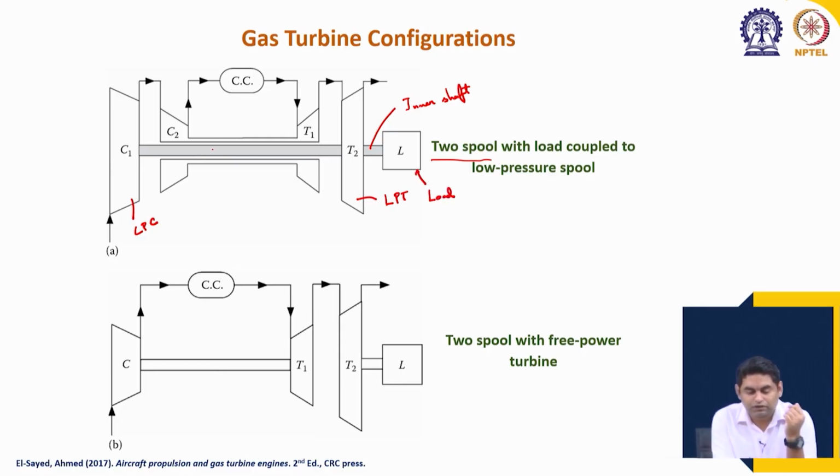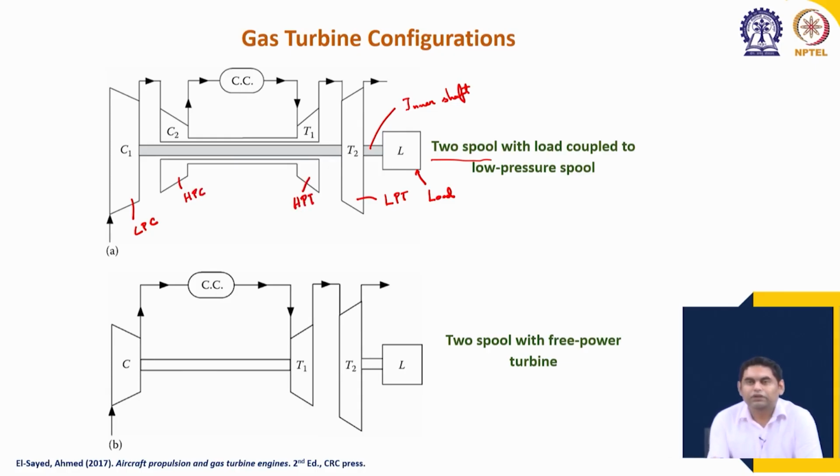A separate shaft rotates over the inner shaft. This shaft connects the high pressure turbine and the high pressure compressor. So, this is the high pressure compressor and this is the high pressure turbine.